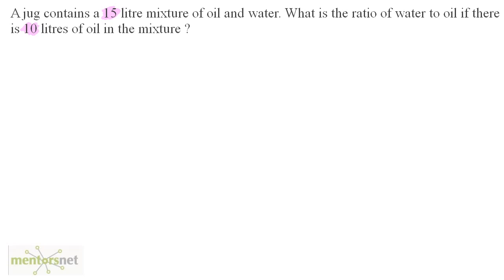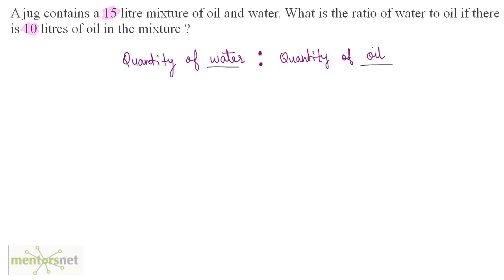What is asked in this question? Well, the ratio of water to oil is asked. Now we can write this ratio as the quantity of water divided by the quantity of oil. We have the quantity of oil in the mixture, which is 10 liters, so divided by 10. We need the quantity of water.